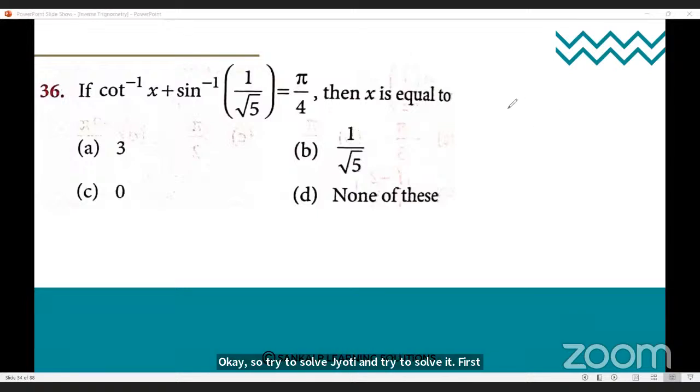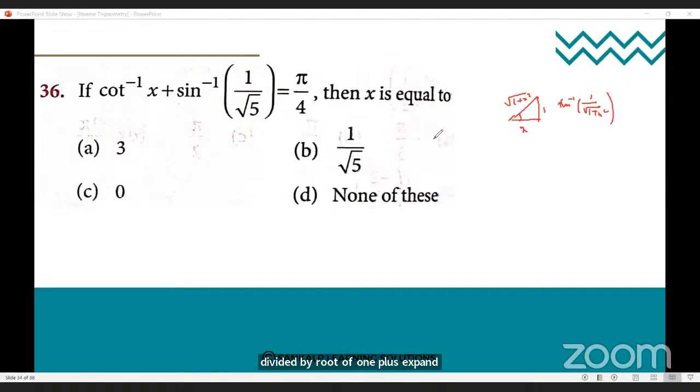First, convert cot inverse in terms of tan. You can make use of a right angle triangle. If we consider this angle as theta, then for cot inverse x, the adjacent is x and the opposite is 1, so the hypotenuse is root of 1 plus x square.